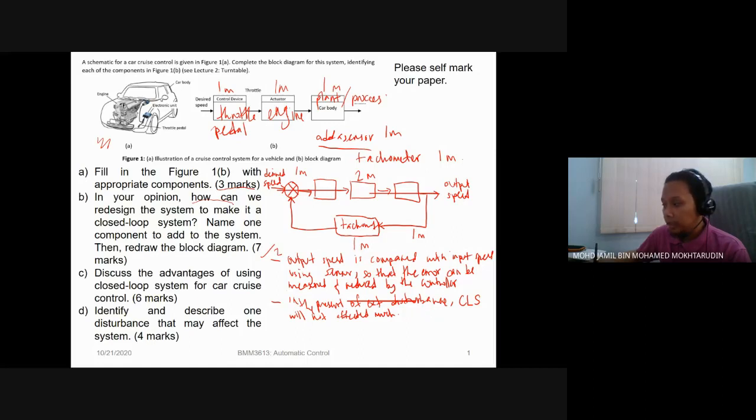If you have this kind of explanation, that external disturbance cannot affect the system, then you get 2 marks.